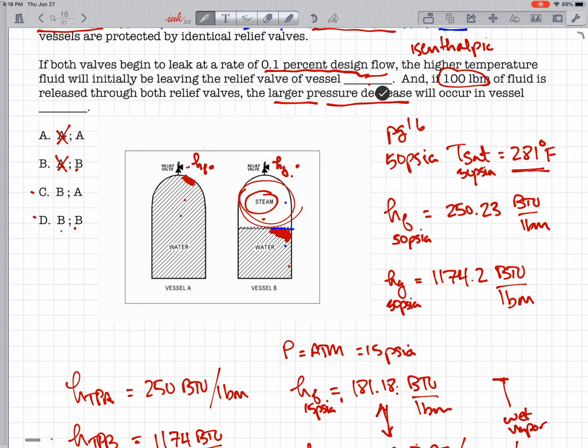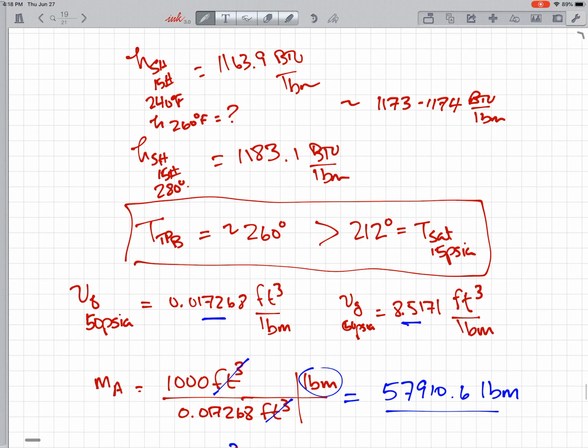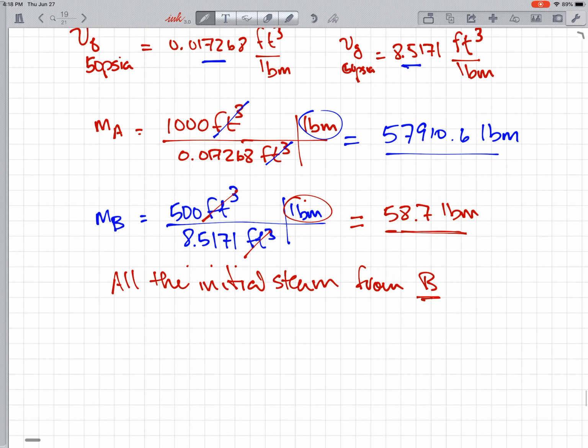All of your steam left. You let out 100 pounds mass of water, which took up a space of V sub F equals 0.017268 cubic feet per pound mass.